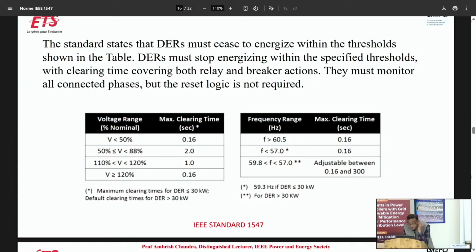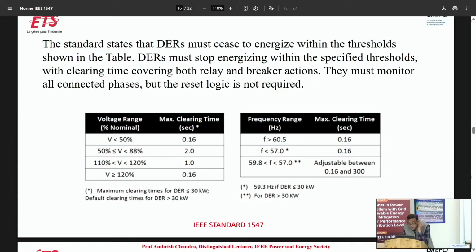Default clearing time for DER more than 30 kilowatt. This is the default clearing time, and this is the maximum default clearing time for DERs more than 30 kilowatt, and if DER is less than 30 kilowatt, this is the maximum clearing time. Similarly, the frequency range: if the frequency is more than 60.5 Hz, DER should get disconnected in 160 milliseconds.